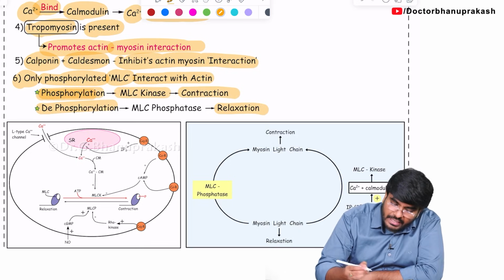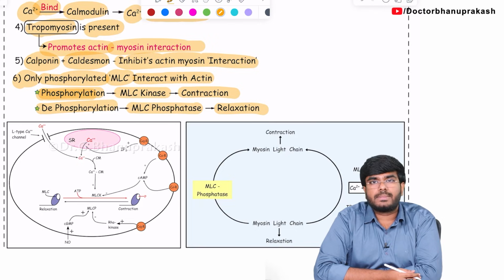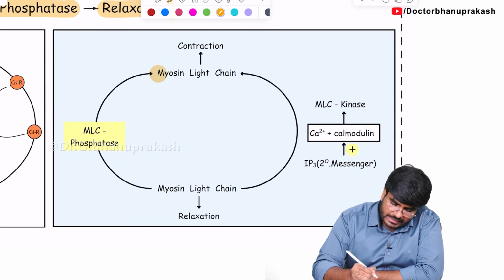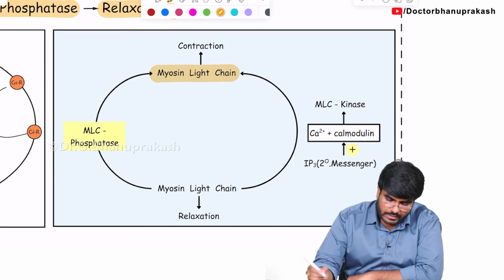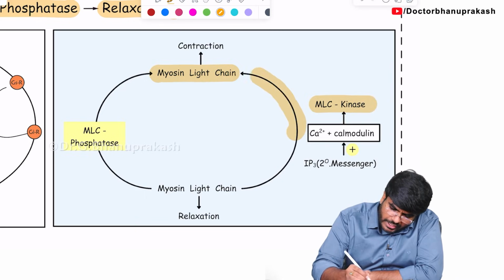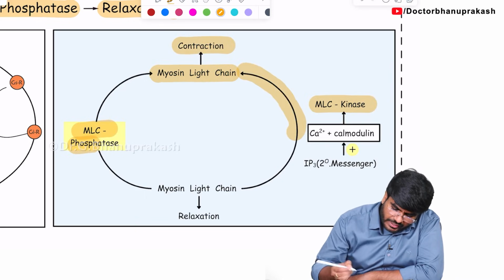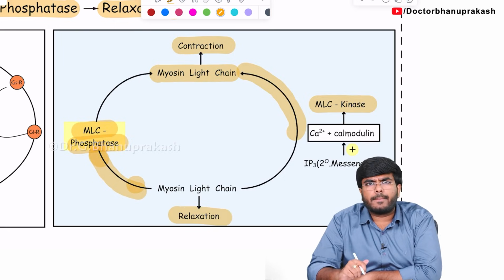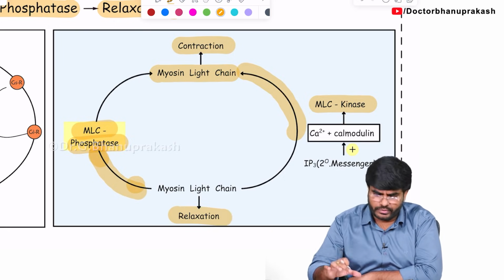Phosphorylation is done by myosin light chain kinase, dephosphorylation is done by myosin light chain phosphatase. Okay, phosphatase. With the help of myosin light chain kinase there is going to be contraction, and myosin light chain phosphatase is going to cause the relaxation. It's a cycling. These are the two important enzymes which I wanted you to know for your exam.